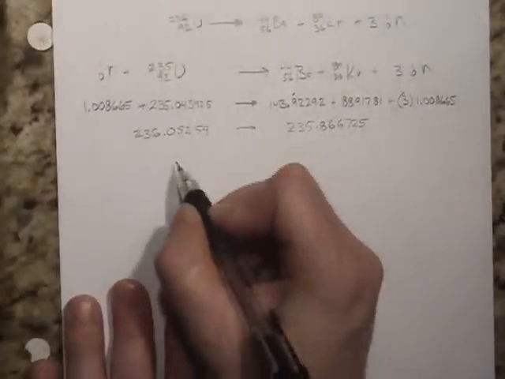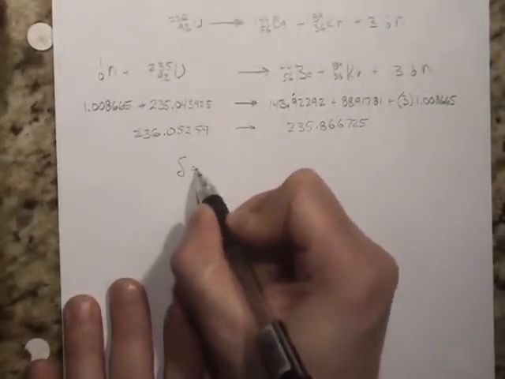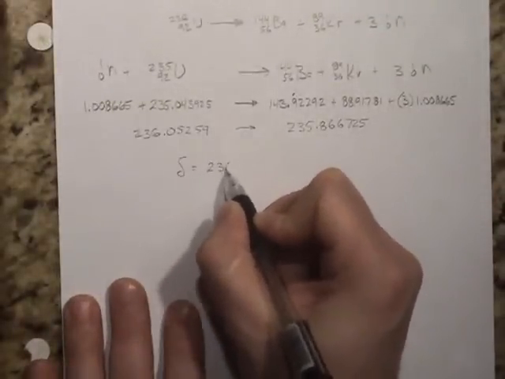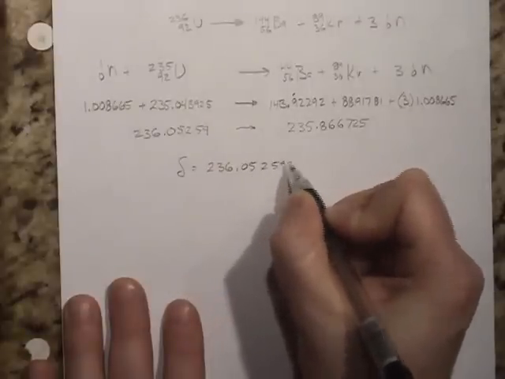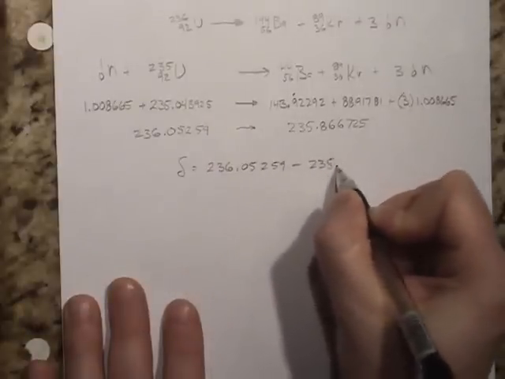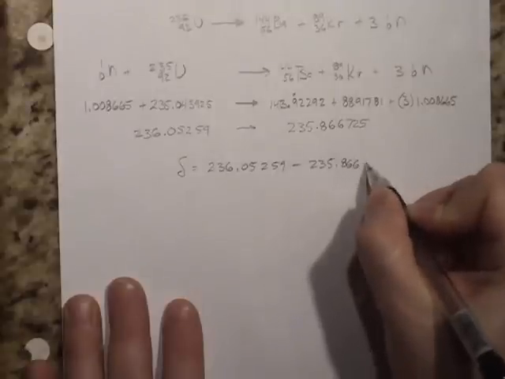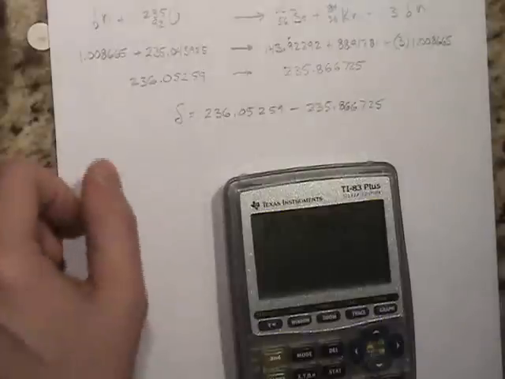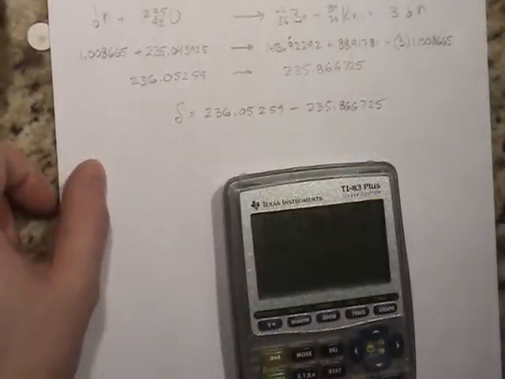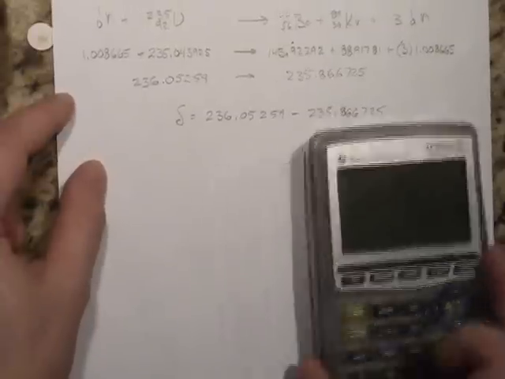So let's take a look at the mass defect. That's going to be 236.05259 minus 235.8666725.